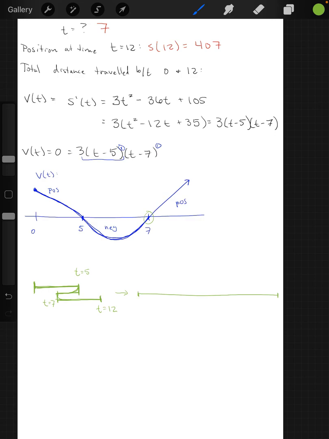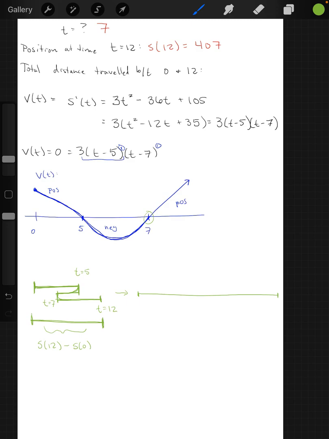Because that's going to be longer than if we just measured from here to here. The length of this would be the position, just not with P, silly Danny, the position at time 12 minus the position at time 0.